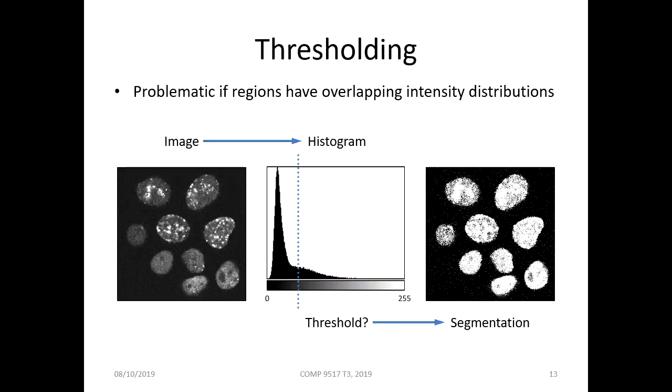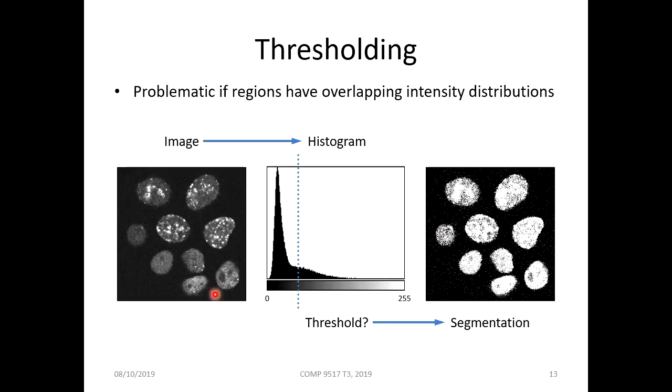So here's an example where the image is much more noisy, and the intensity distribution of the cells, in this case, and their spots, some particular molecules within the cell nucleus, are so widely varying and even overlapping with the mode of the histogram corresponding to the background, which is also very noisy. You may not be able to see it so easily in the image, but maybe later on, if you look at the slides and you zoom in, you will see there's a lot of noise in the background as well.